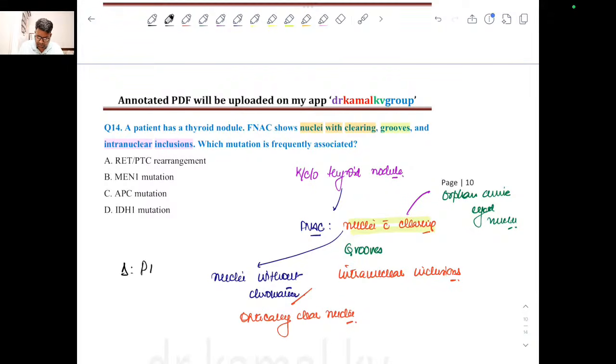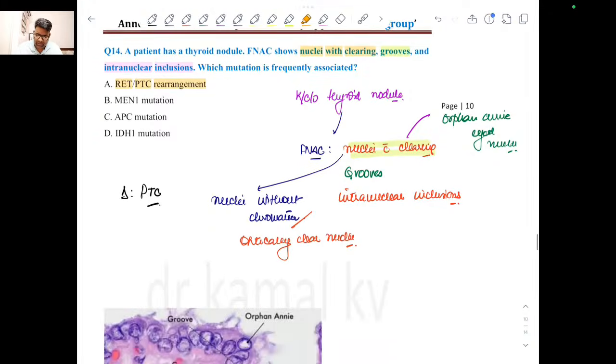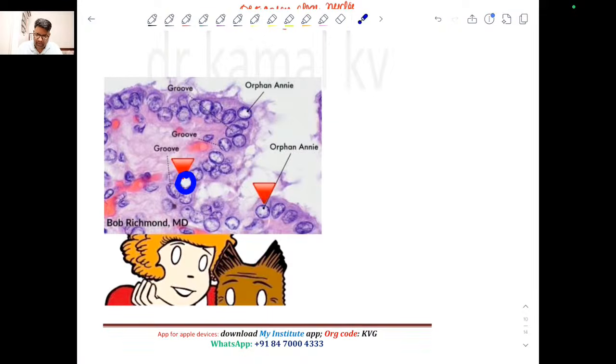Yes, this is papillary thyroid carcinoma, and this is related to RET PTC rearrangement. Very good. You can see optically clear, almost white nuclei without any chromatin inside, and sometimes you can see the grooves as well. So, these are the grooves here, folds of the membrane, right.